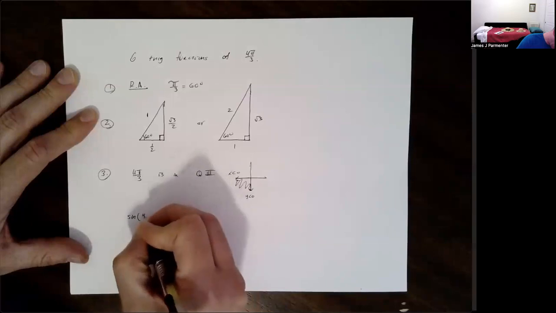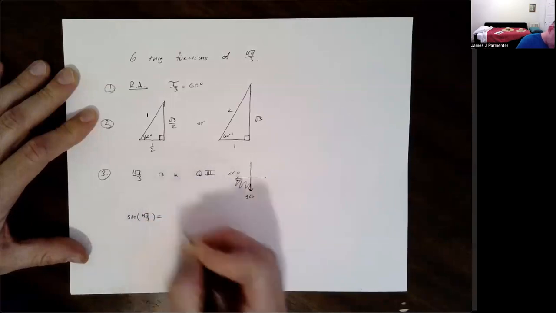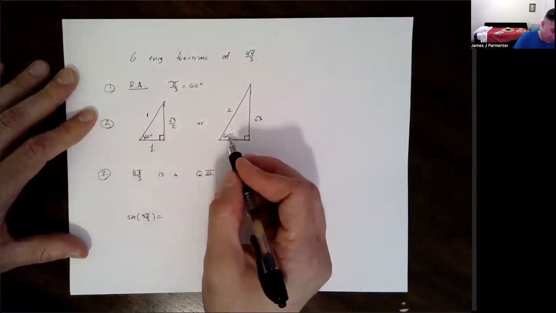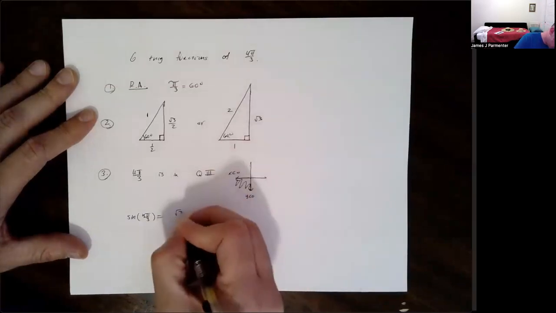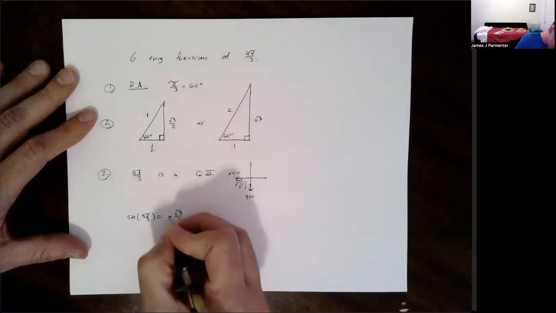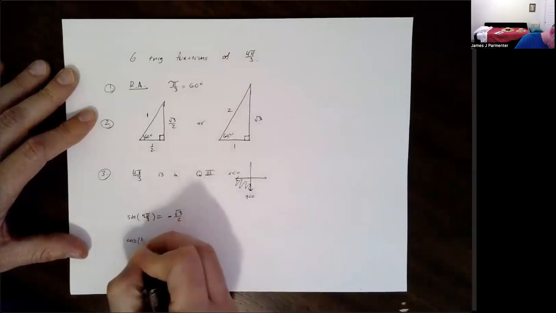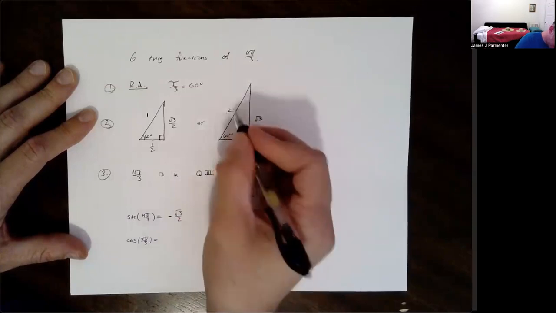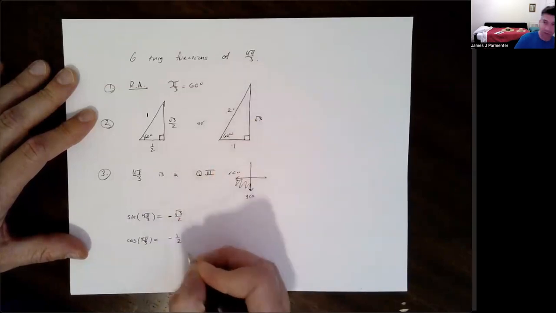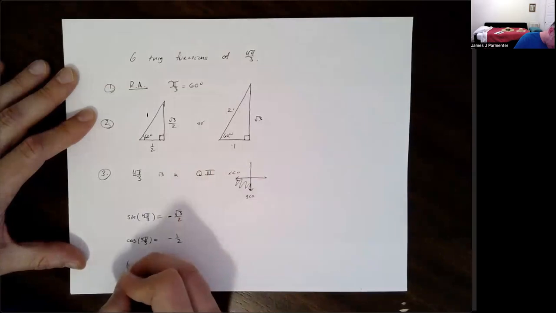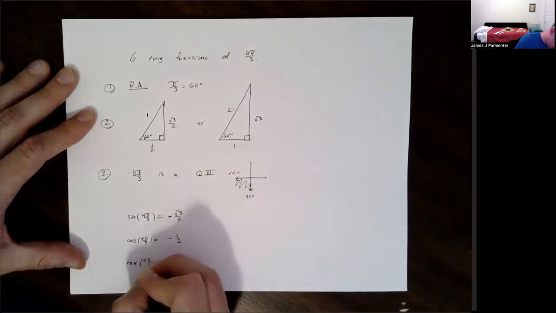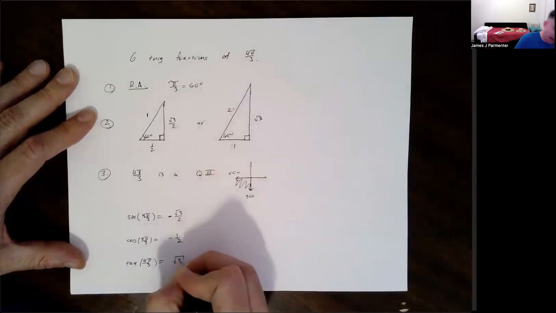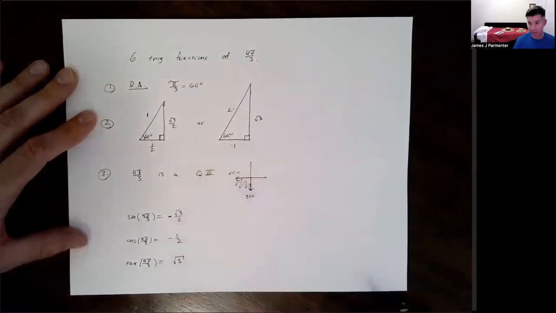Sine of 4 pi over 3 is going to be opposite over hypotenuse, √3/2, but it's going to be negative. Cosine of 4 pi over 3 is going to be adjacent over hypotenuse, but it's going to be negative because quadrant 3. And tangent of 4 pi over 3 is going to be opposite over adjacent, and it's going to be positive because both sine and cosine were negative.